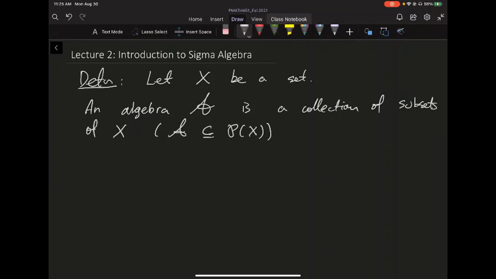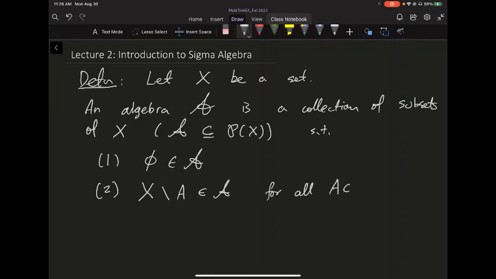All right, so it needs to satisfy the following three conditions. First condition, I will require that the empty set is in A. So A contains at least one element. Second, I would like to have X take away A to be contained in A for all A in A. In other words, if you have an element that's in this algebra, then its complement has to be inside this algebra as well.